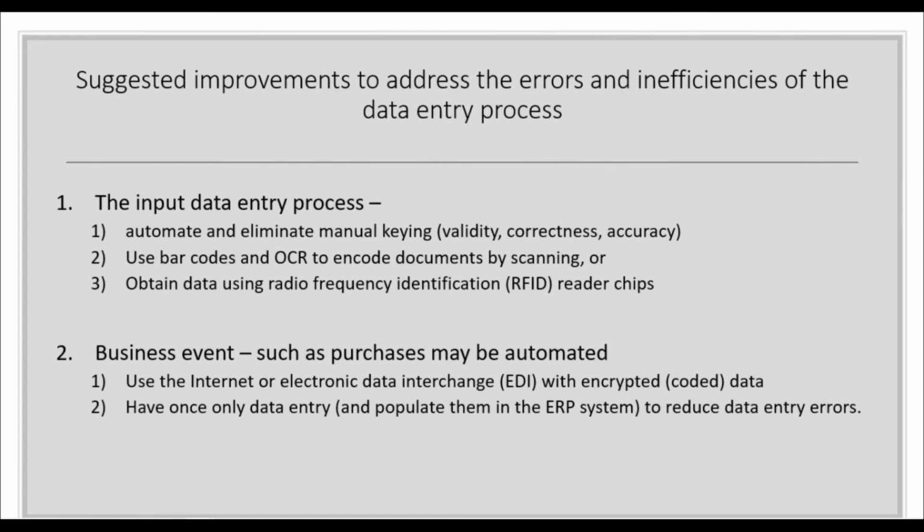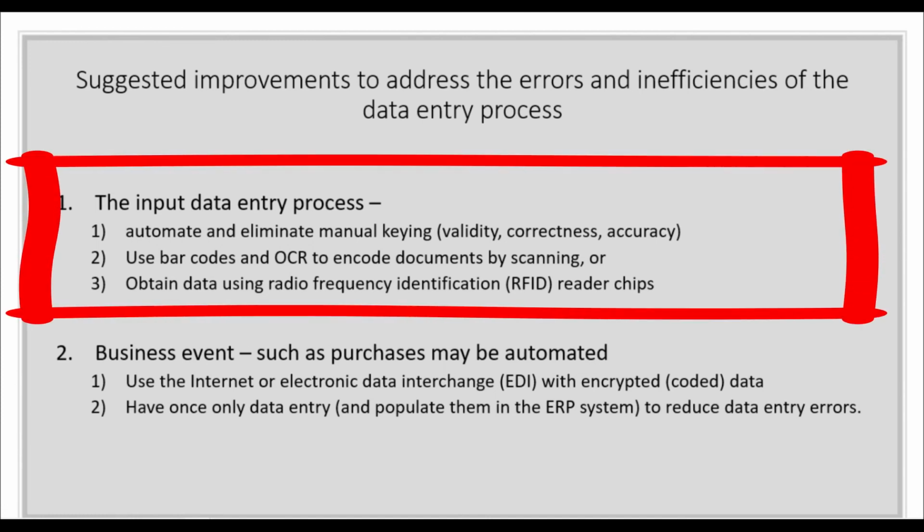So there could be suggested improvements to address the errors and inefficiencies in data processes. It could be, for example, in relation to input data into processes, recommending to automate and eliminate manual keying, to increase validity, correctness, and accuracy of data.